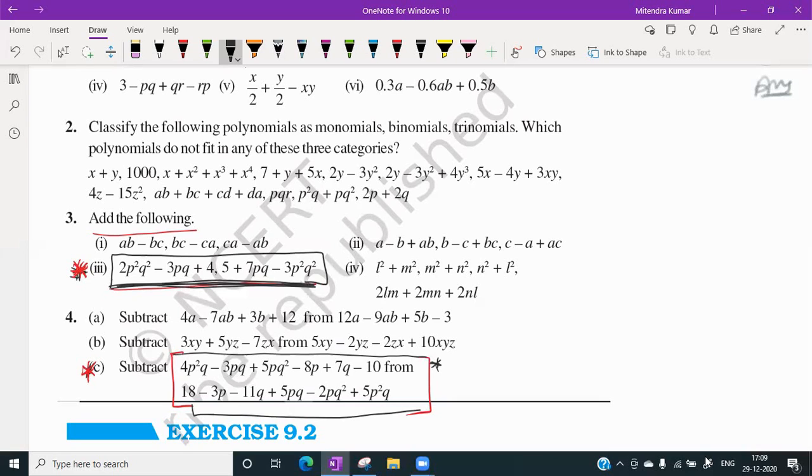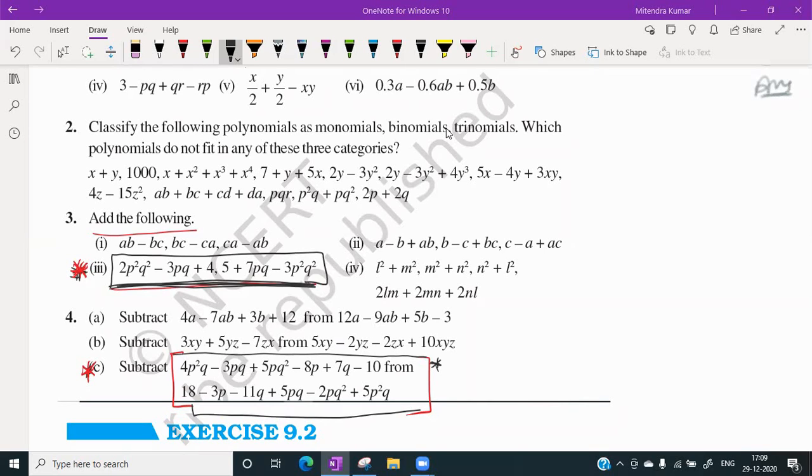Everyone try this question. These are very simple questions, but for the next step it is very compulsory, you should be able to do them. Is the first problem completed?